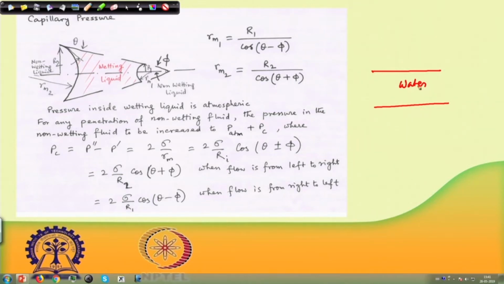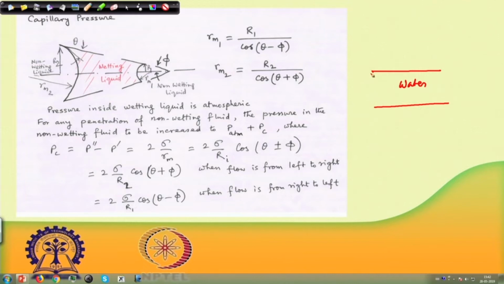For example, there could be a hydrophobic surface, some polymer, and if you place water, it will sit there as an isolated drop, water will not spread and the contact angle could be greater than 90 degree.